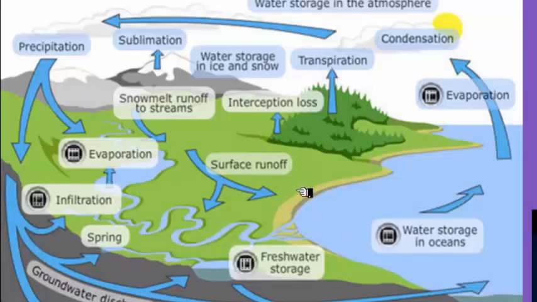Just to explain in more detail on this picture, let's consider this as the ocean, since the ocean is probably 97% of water storage on our planet. We can start there. So you have the ocean filled with water.